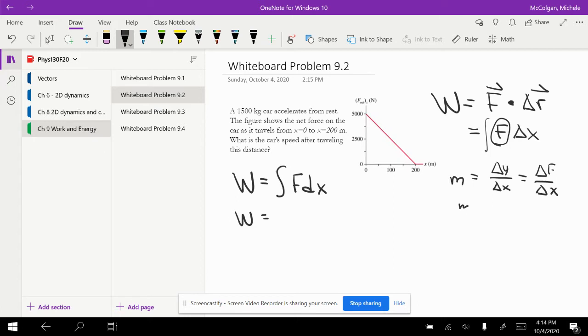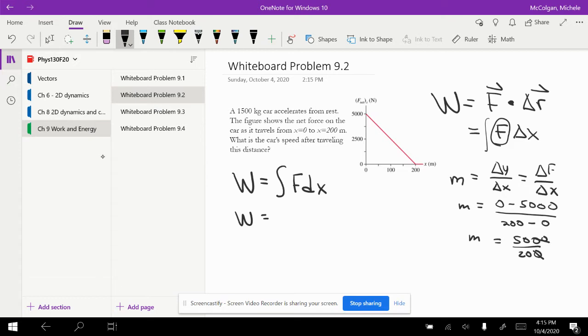So M is equal to F final minus F initial, which is 0 minus 5,000, over x final minus x initial, which is 200 minus 0. So the slope is going to equal 5,000 over 200.